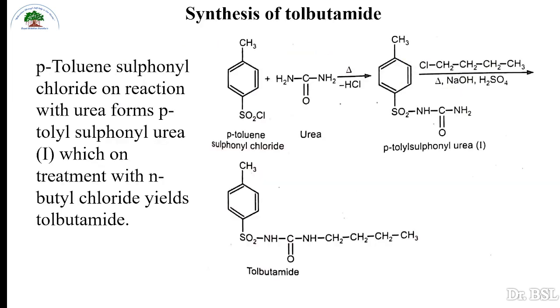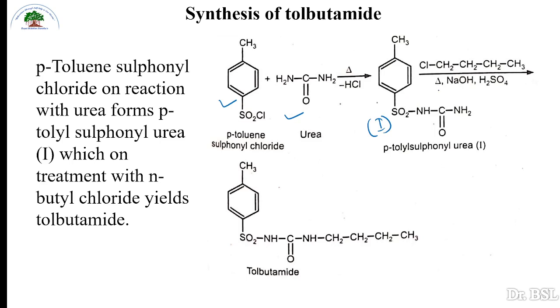Synthesis of tolbutamide: paratoluene sulfonyl chloride, on reaction with urea, forms paratoluene sulfonyl urea.